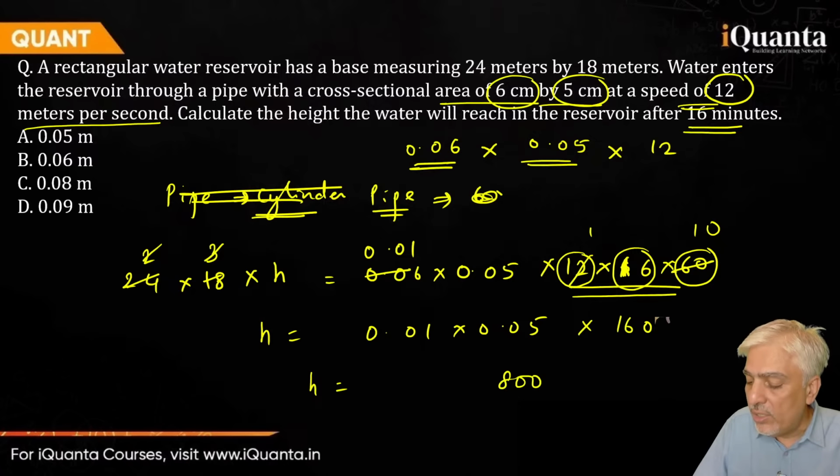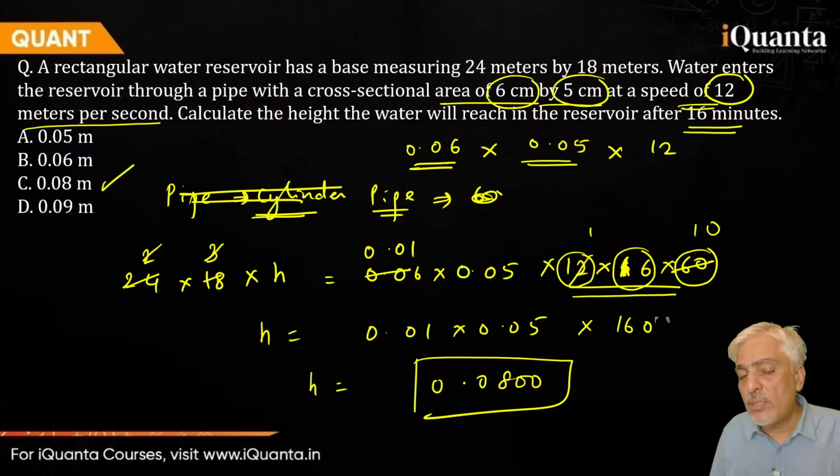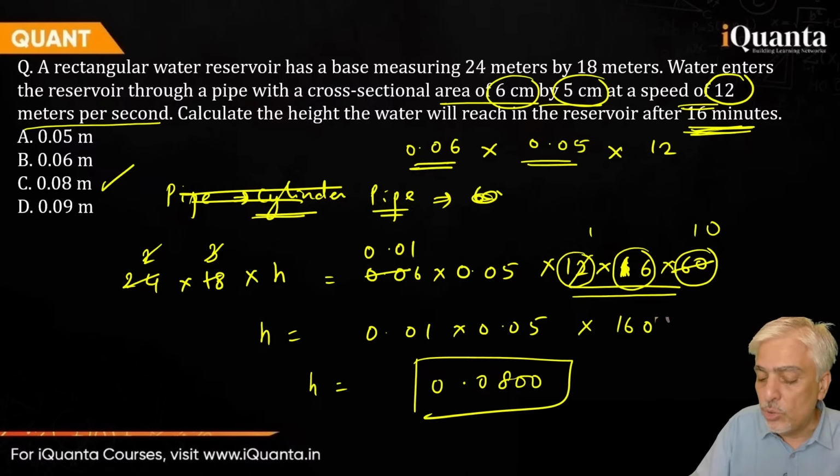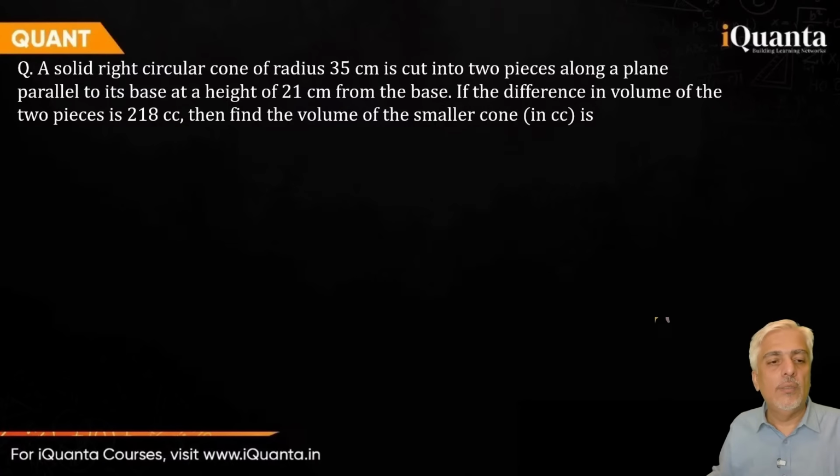So 800, and how many decimals? 4 decimals. So 0.08. Answer is the third option. Just have to be careful about the calculation, and I wanted to explain this part about how the height is used. I explained this in the concept. Yeah, normally it should have been a circular cross section.